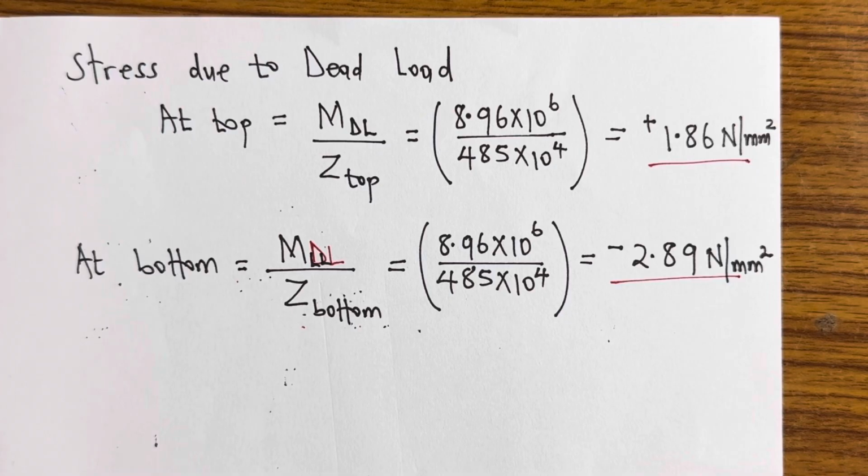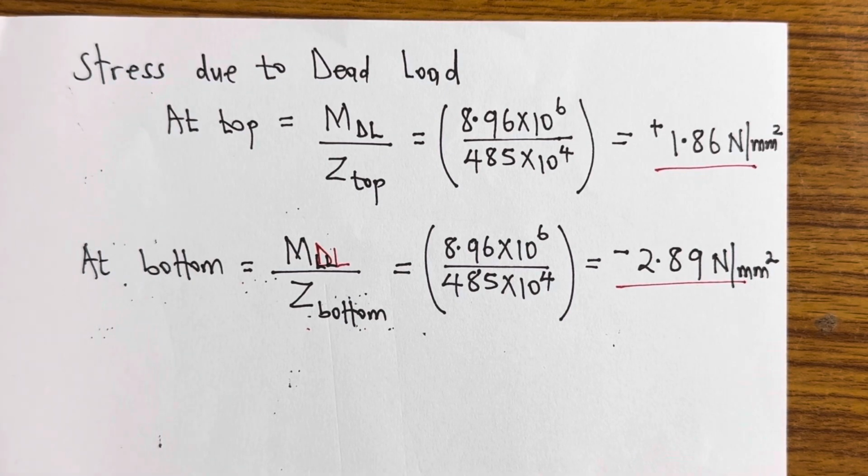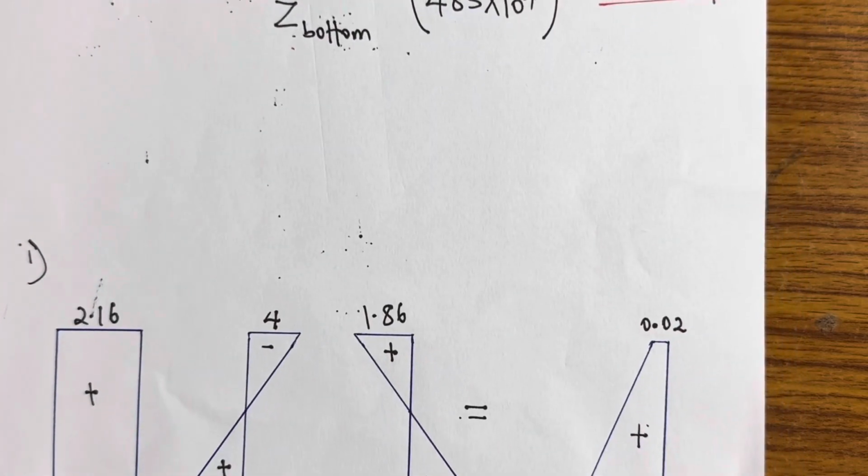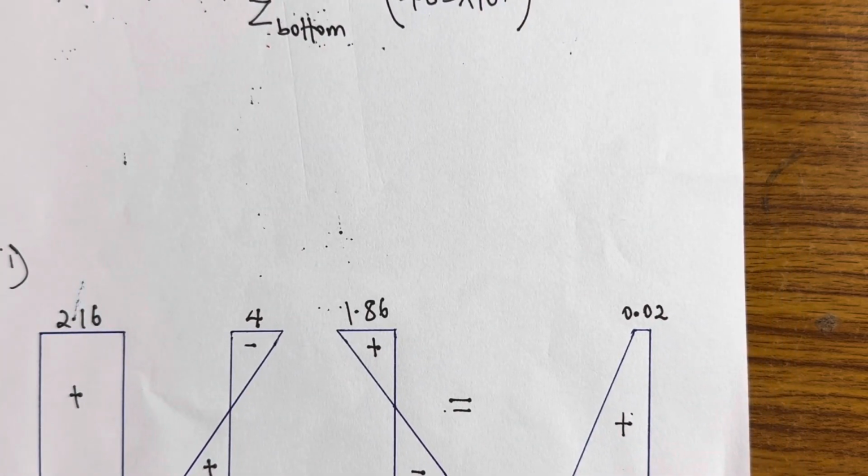Now to answer our question, let's see how we can draw the stress distribution and how we can find the resultant. Remember, our major goal remains finding the resultants under different load conditions. So the first part is you have to find the resultant at both top and bottom when you have only the self weight plus the prestressed force.